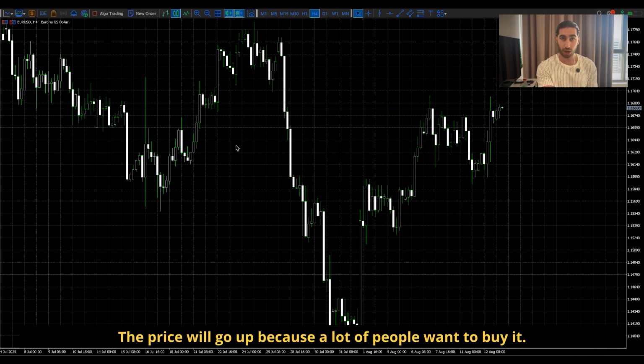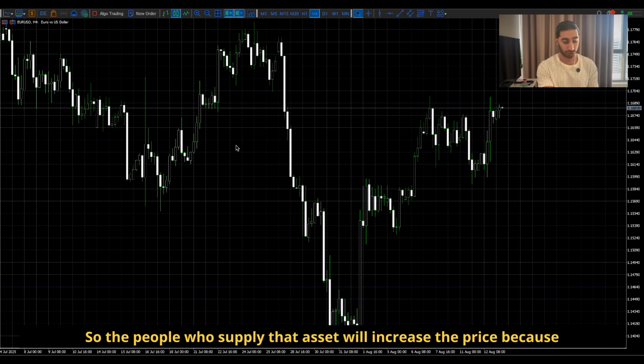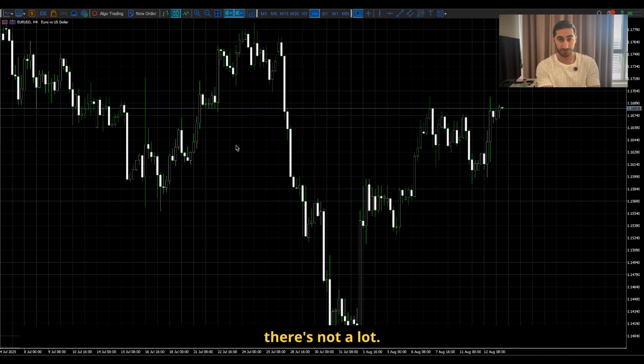The price will go up because people want to buy it. A lot of people want to buy it. So the people who supply that asset will increase the price because there's not a lot. They will be able to increase the price. Okay? The same thing is happening here.